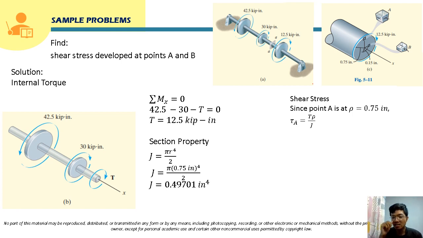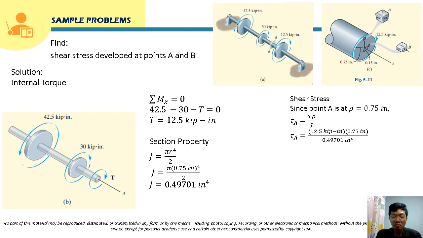Substituting that in our formula, this will be equal to 12.5 kips inch for internal torque T, times the radial distance of 0.75 inch, over the polar moment of inertia, which is 0.49701 inches to the fourth.